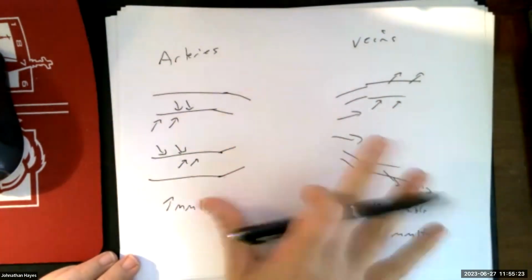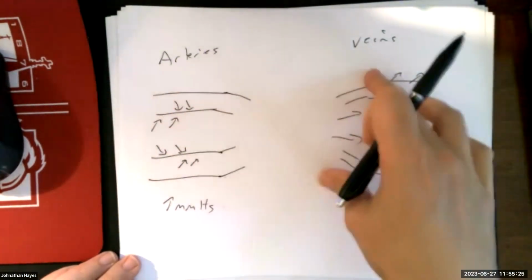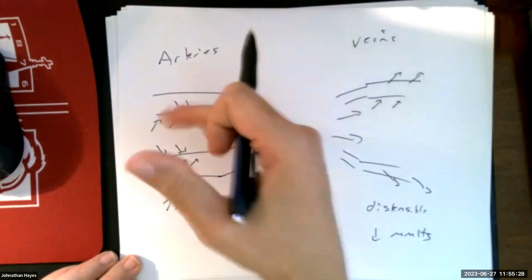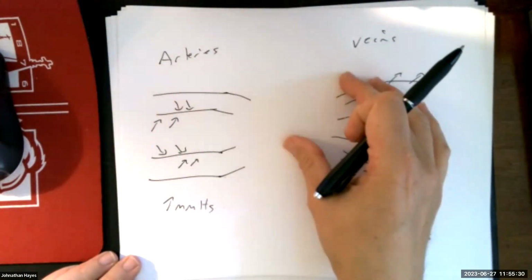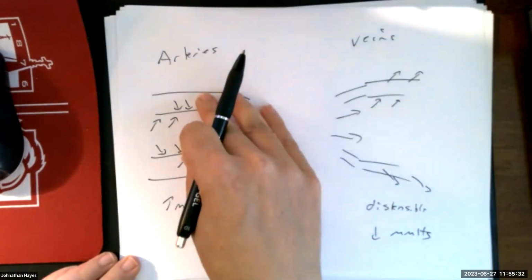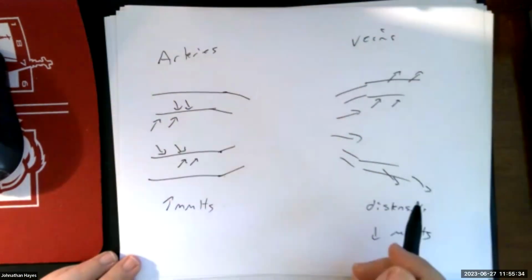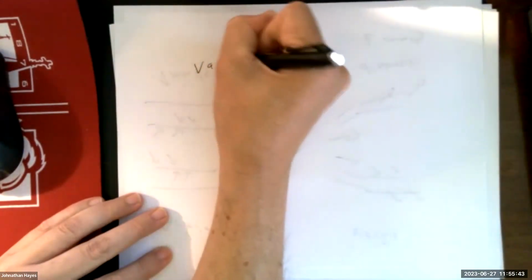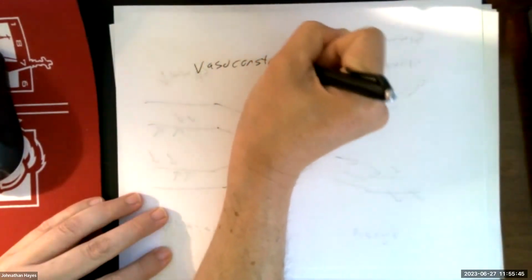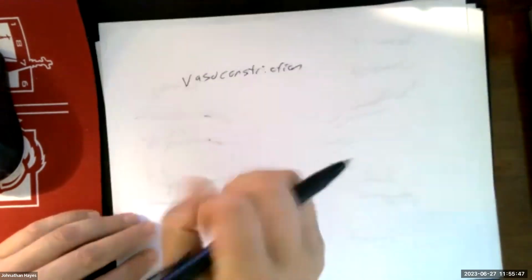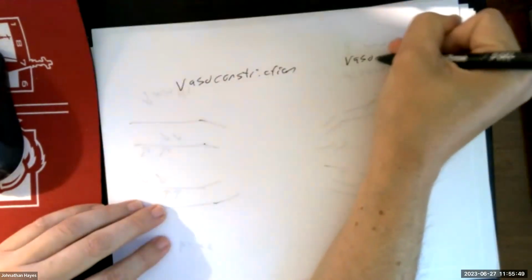And then we can modulate all that too. This is naturally built into their basic composition, just the way they're built. But then I can further modulate that by adding vasoconstrictors and vasodilators, okay? If I want arteries or veins to become tighter, that's vasoconstriction. If I want them to become looser, that's vasodilation.